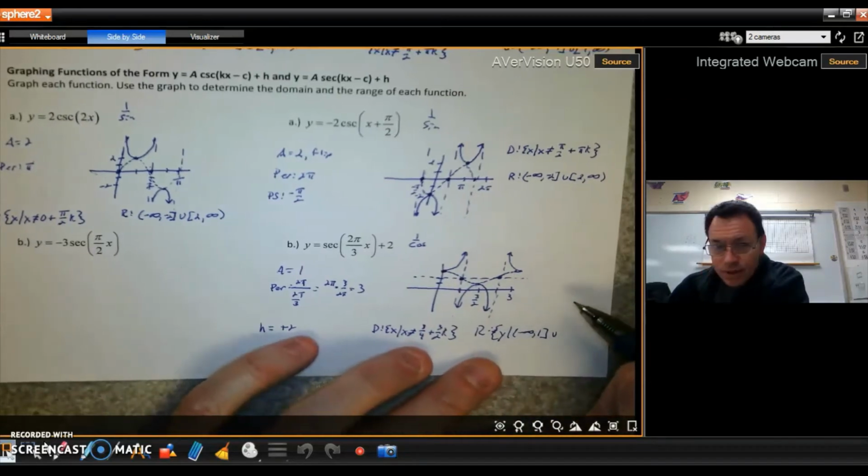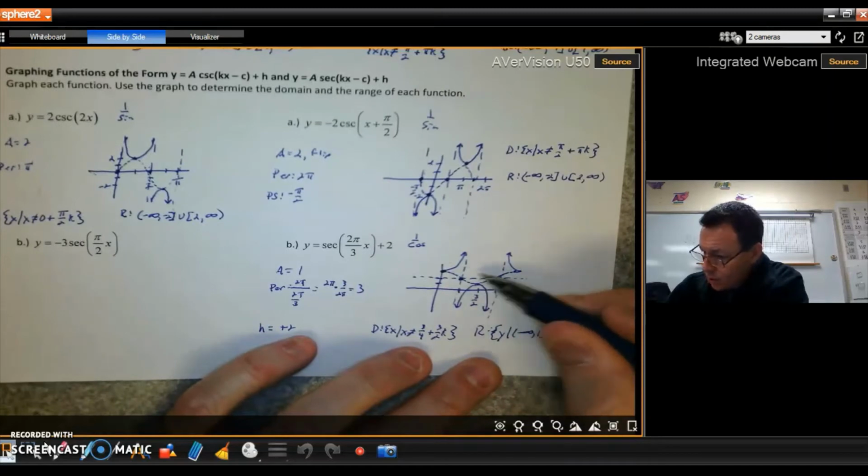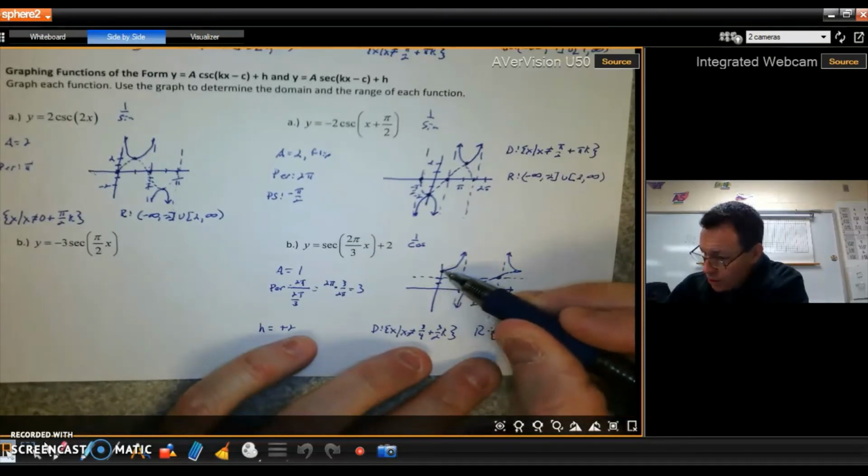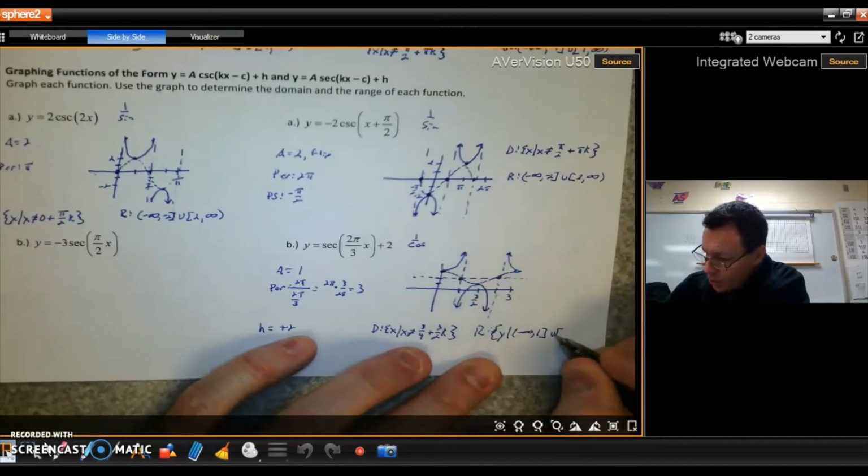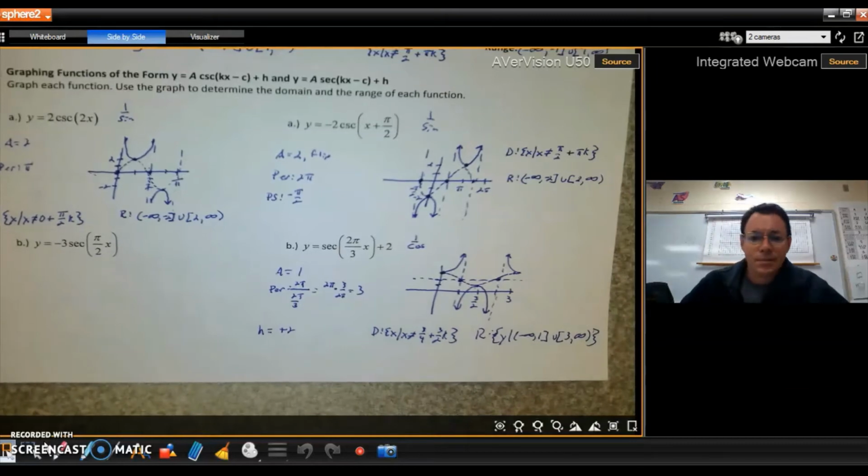And then there's no graph, and then everything from 3 to infinity. I didn't have to use that set builder notation, but once I wrote the brace, I just kind of went with it. So if you just wrote this part of it, that'd be fine as well. Okay, so those are the secant and the cosecant graphs.